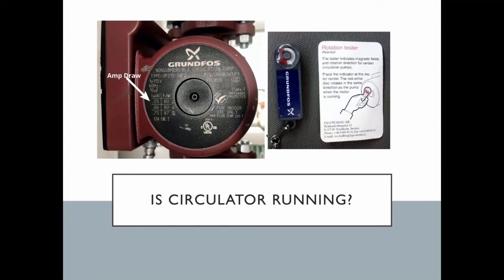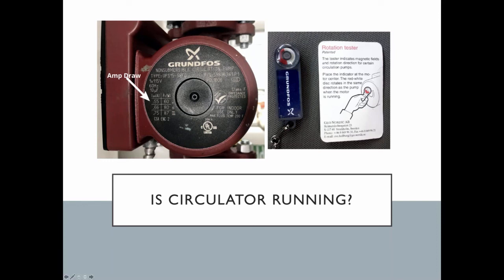Like these small pumps, the circulators that you see, it's really hard to tell if they're running. You used to be able to put a screwdriver to your ear into the pump and hear it running. And these ones here, you can't really hear. And the amp draw is so low, like 0.55 amps, that it's really hard to tell.